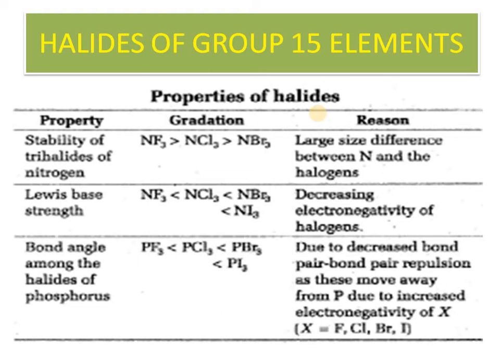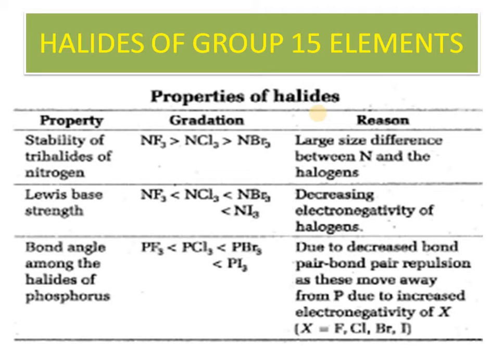It will not be able to donate electrons, the lone pair. Therefore the Lewis base strength is decreasing. It means the electronegativity is more of the combining halogen, so the tendency to donate lone pair will be least. And iodine, you know, has the least electronegativity. The tendency to donate electrons will be more in case of nitrogen in NI3. Therefore the basic strength will be maximum in case of NI3 and least in case of NF3.